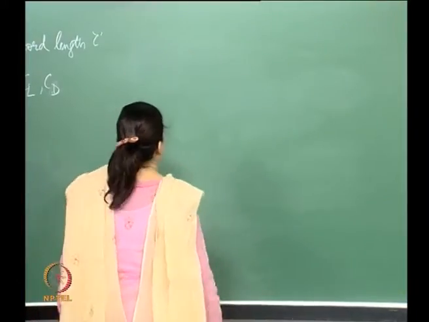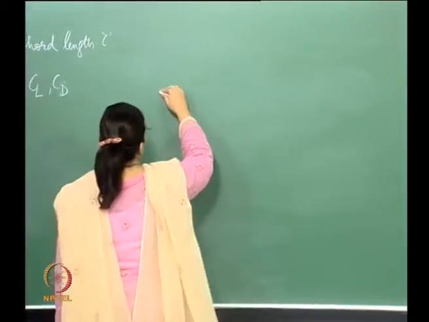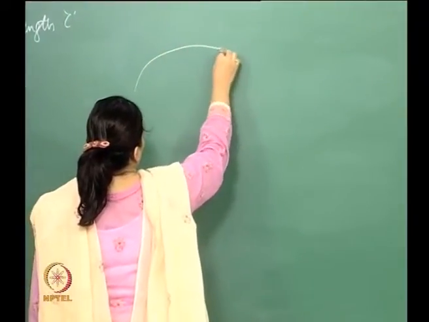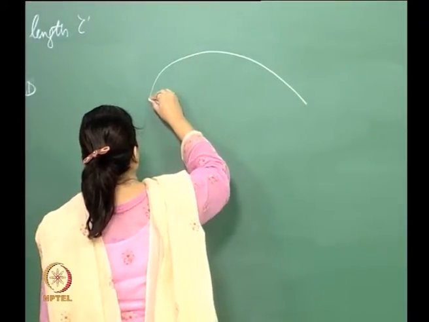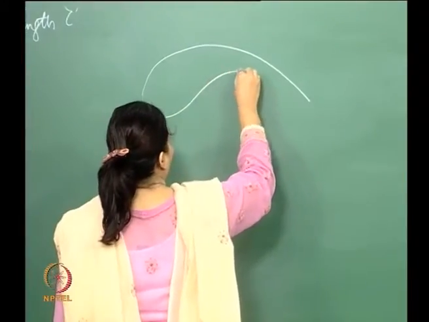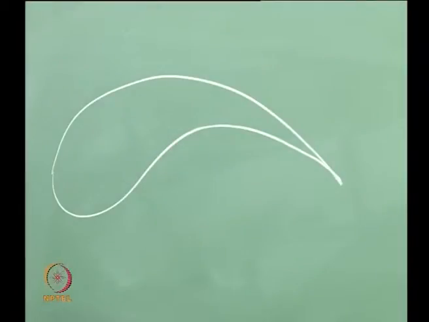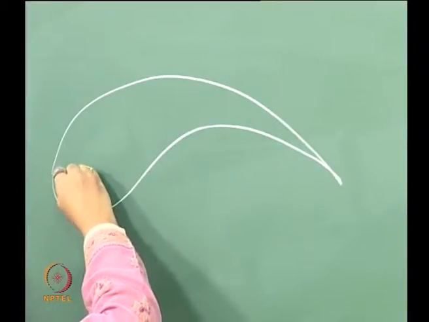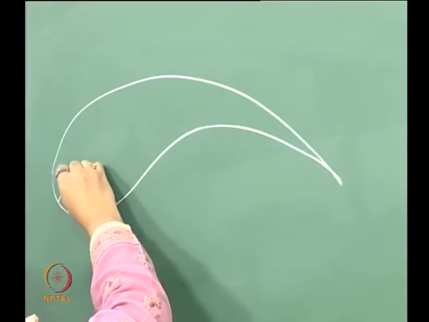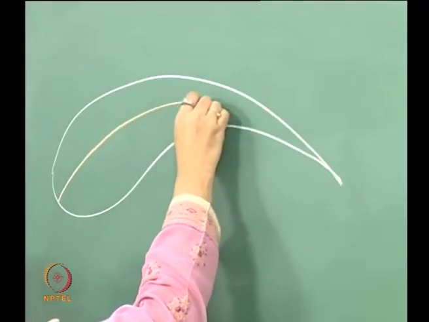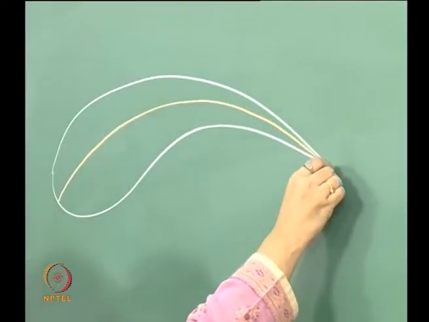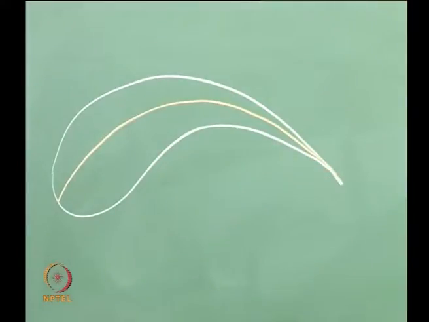I am going to draw this in a slightly exaggerated manner so you can see. Let me draw an airfoil, and then I draw the camber line of this. This is the camber line, which is essentially the midpoint between the upper and the lower surfaces.